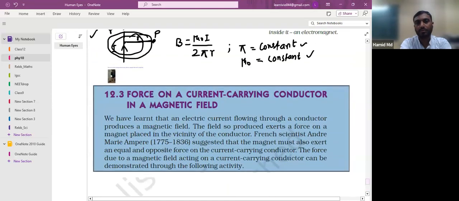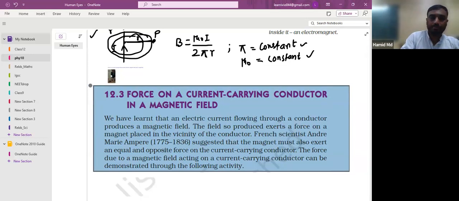Can you write it in your own words? If you can't, this is the piece from the NCERT book. We have learned that an electric current flowing through a conductor produces a magnetic field. The field so produced exerts a force on a magnet placed near the vicinity of the conductor.